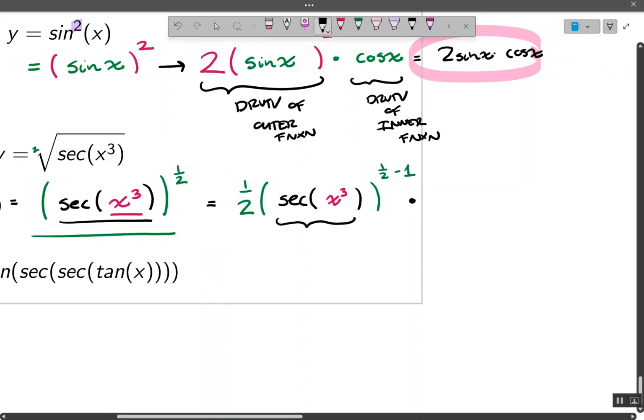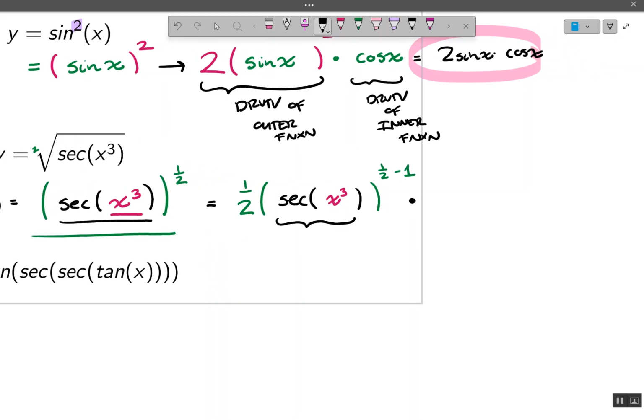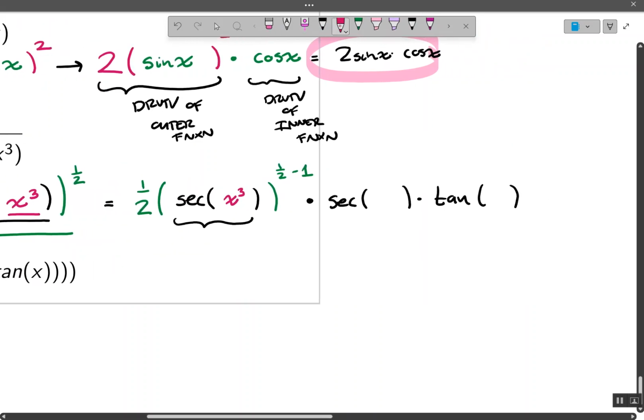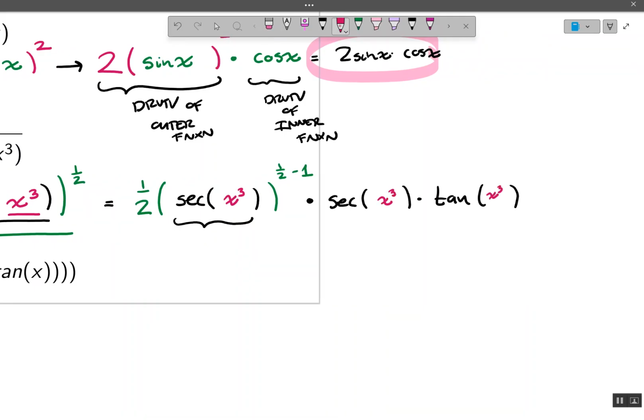My inside function is secant of something. The derivative of secant is secant times tangent. And we keep the same input. Now we've got to multiply by the derivative of this inside function. This is the innermost layer. So we're going to multiply by 3x squared.